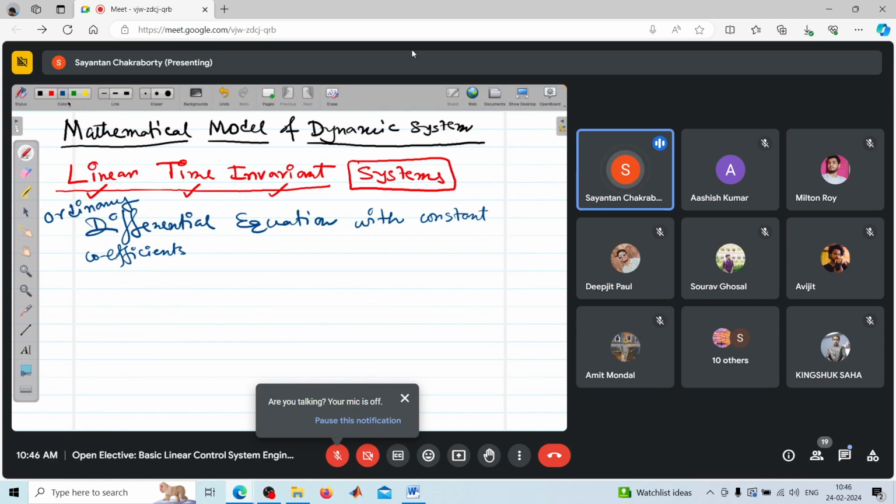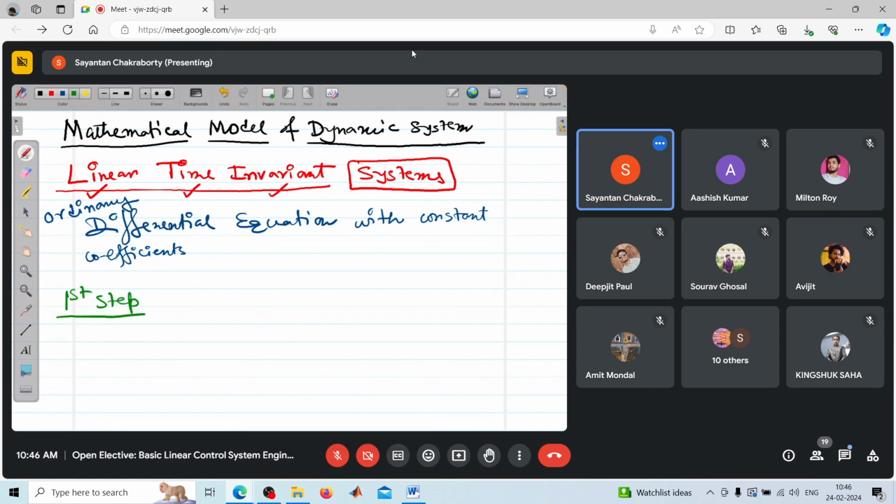So, in this regard, the first step is to build up a physical model of the system.